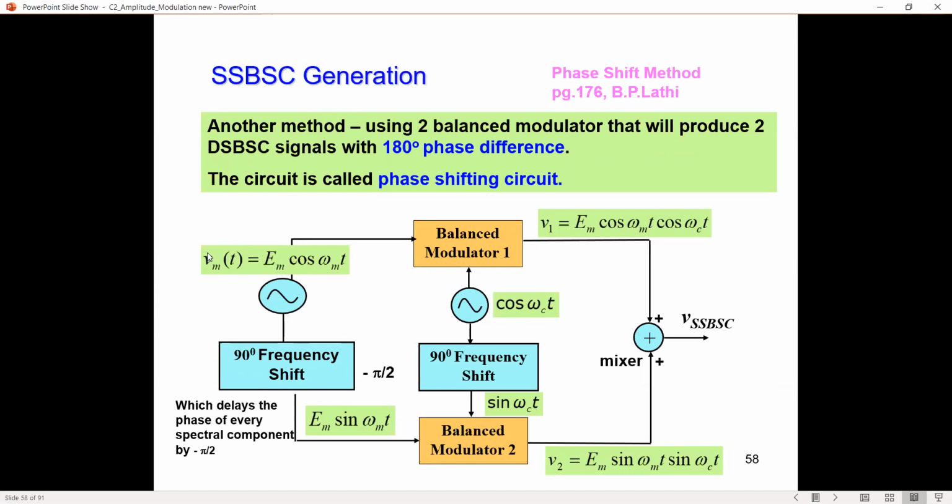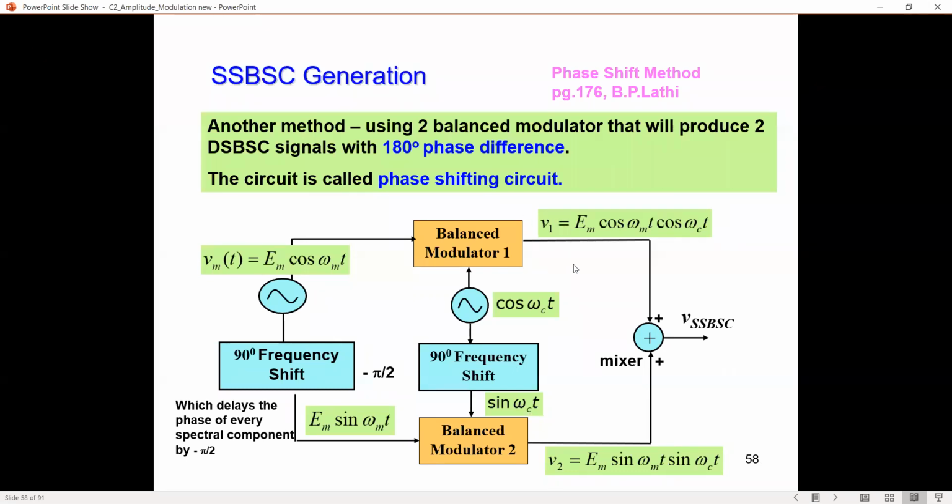So on top we have our message signal. Okay, and then we apply a 90-degree phase shift, so it becomes sine. Here our carrier, cos omega CT, we also apply a 90-degree phase shift, so it becomes sine omega CT.